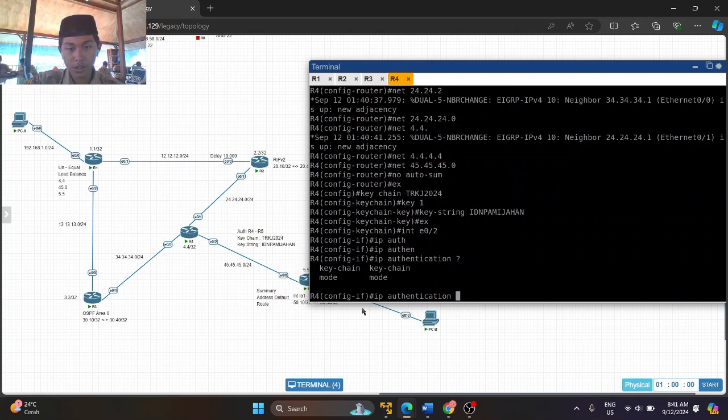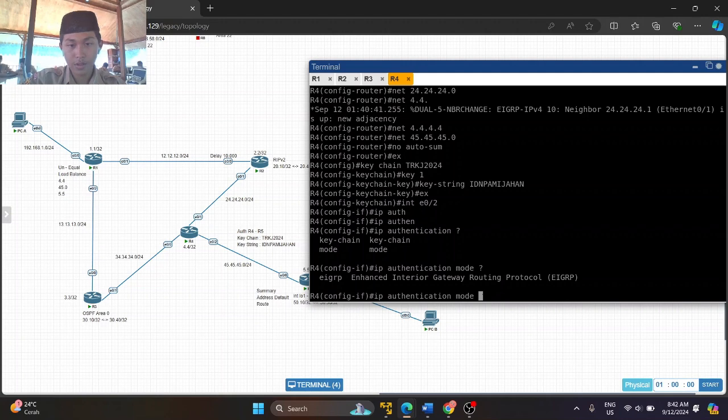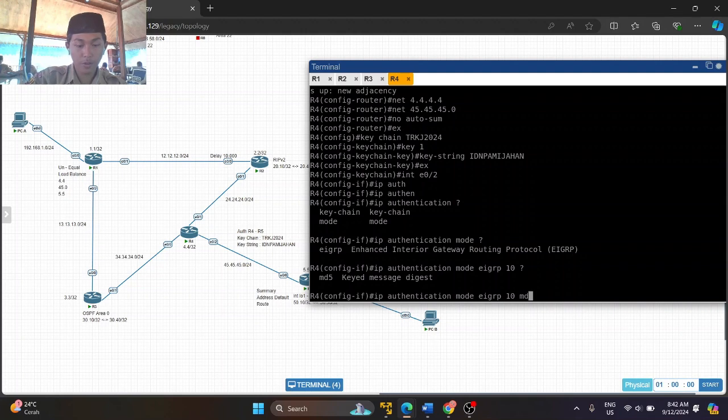You want to see here? You can use a question mark for asking the next command. Here, let's add mode EIGRP 10 MD5.